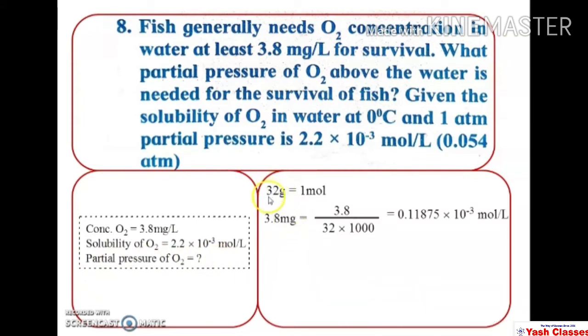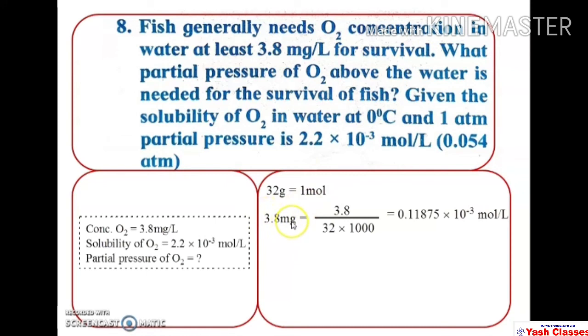Now here the molecular weight of oxygen is 32 gram, because atomic weight of oxygen is 16, and in one molecule of oxygen there are 2 oxygen atoms. So 16 plus 16, that is 32. Meaning of this is 32 gram oxygen corresponds to 1 mole of oxygen.